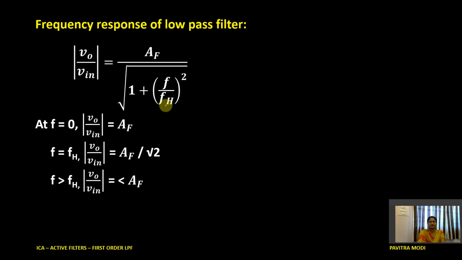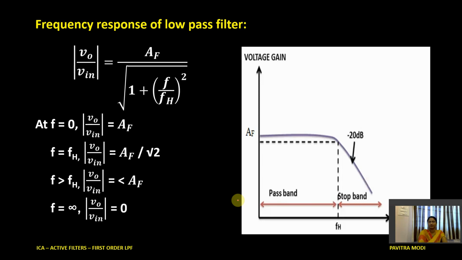For f much greater than fH, the denominator is going to be greater than root 2, therefore the gain is AF divided by something greater than root 2, so the gain decreases from the AF value. For f equal to infinity, the gain is equal to 0. So from this expression, initially there is a constant gain up to the cutoff frequency, after which the gain decreases and may reach 0 at infinite frequencies. That's why the circuit behaves as a low pass filter.